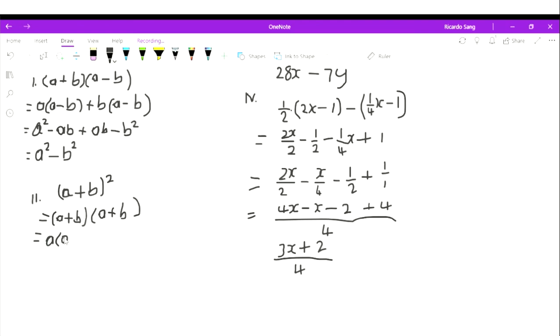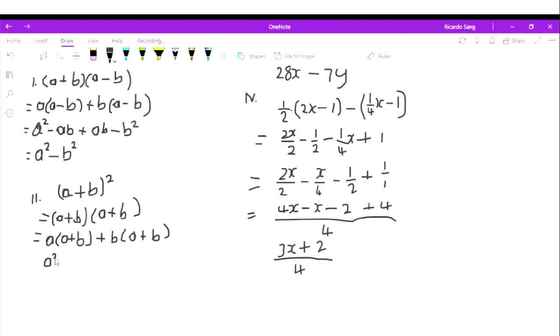A open bracket A plus B close bracket, and this is going to become now plus B open bracket A plus B. All right, so use the distributive law to remove the bracket.